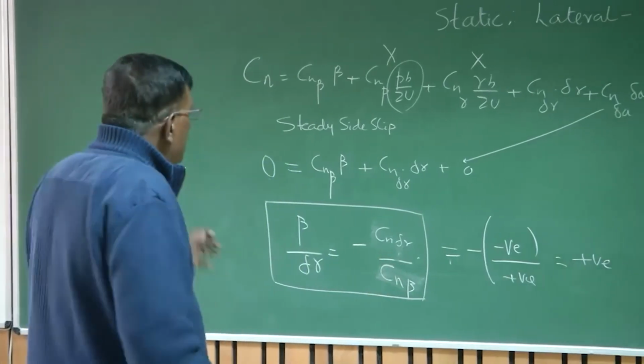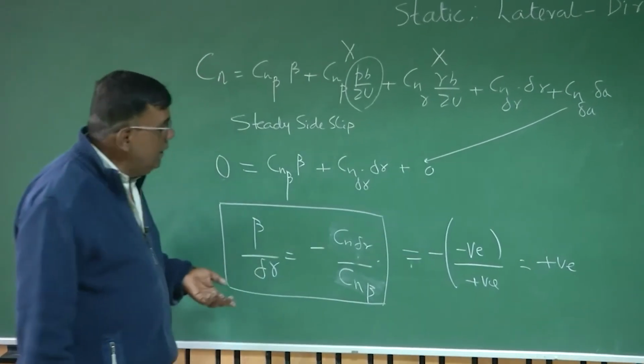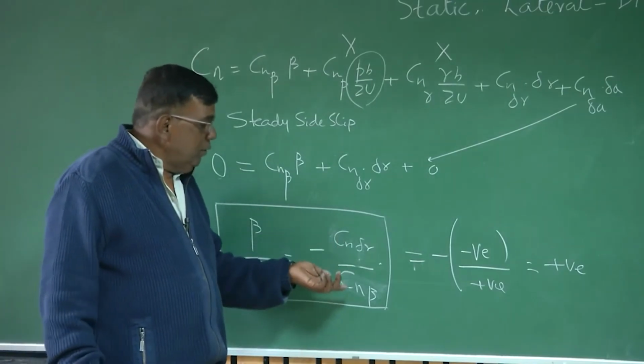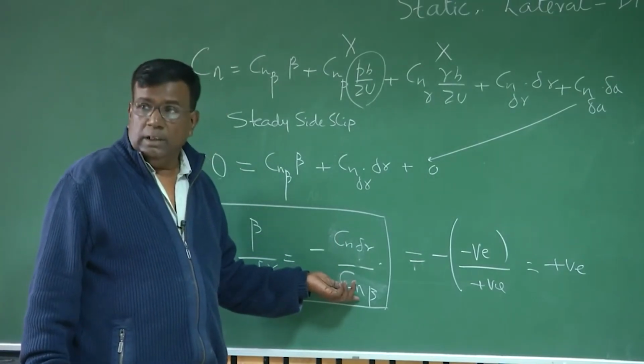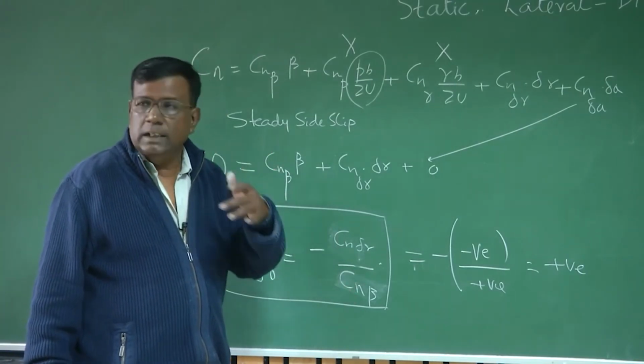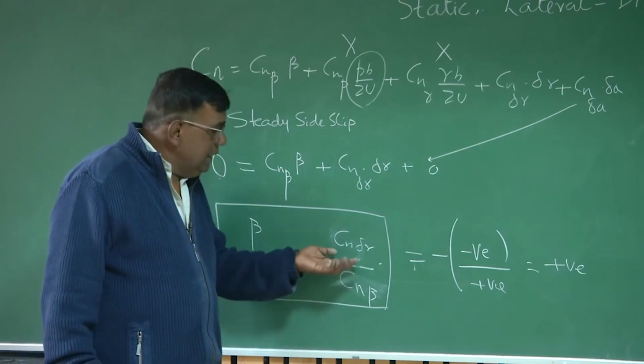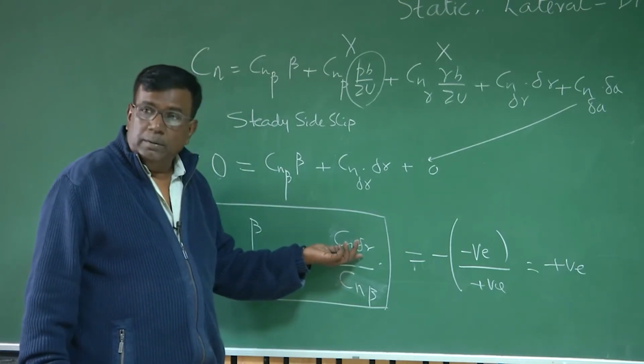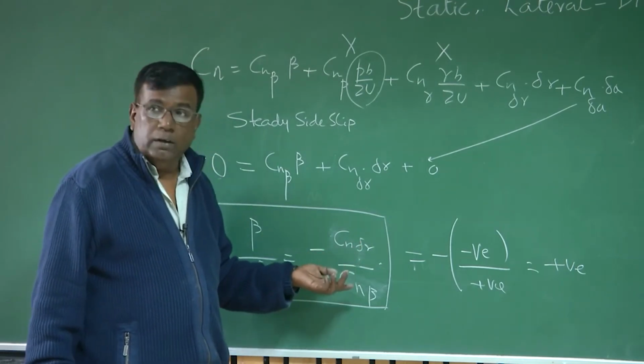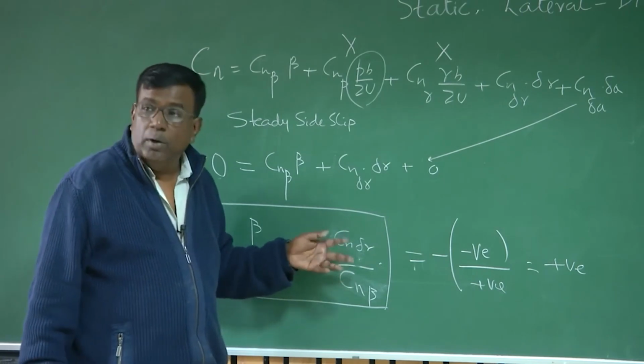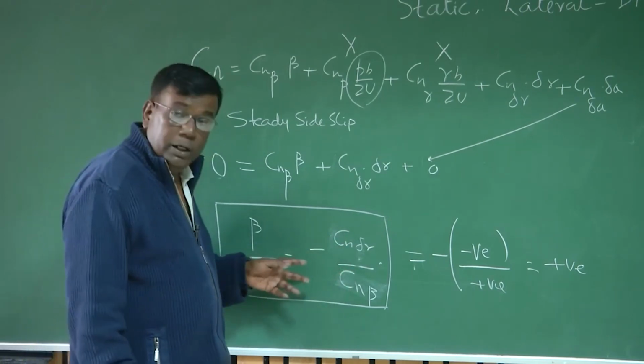Okay. Now the question is, how best can I use it? Generally you will find, suppose you have changed the vertical tail of the airplane. Minor changes, right? And Cn delta R being a strong derivative, and Cn beta being a strong derivative, this ratio is extremely important for the directional case.